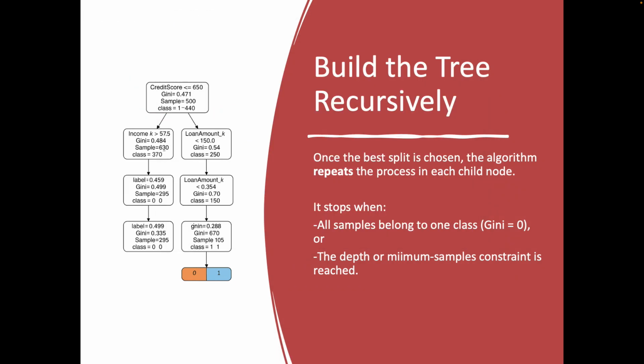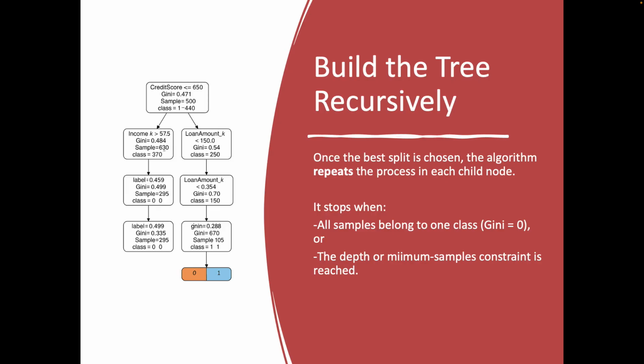Sorry, 500 samples, right? And from those 500 samples, and this is another example now, not the last example, we say, repeating, so we got 500 samples, credit score less than 650, Gini is 471.